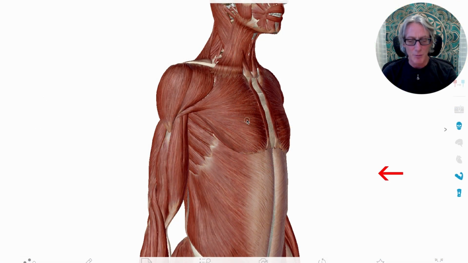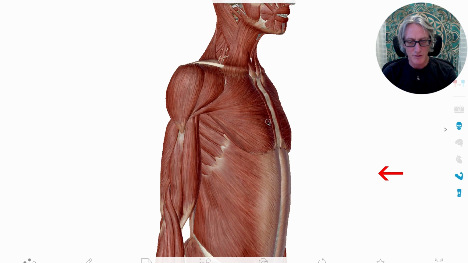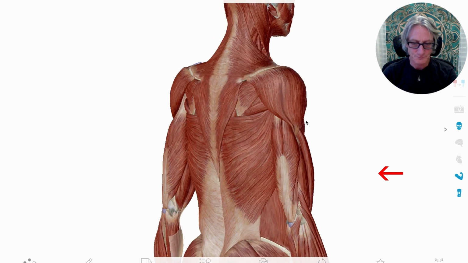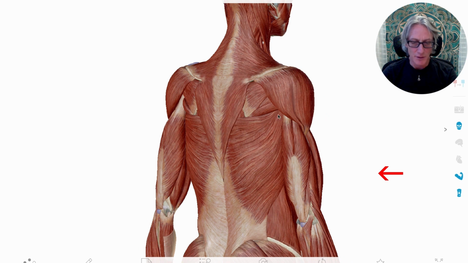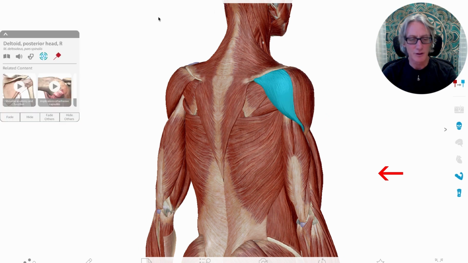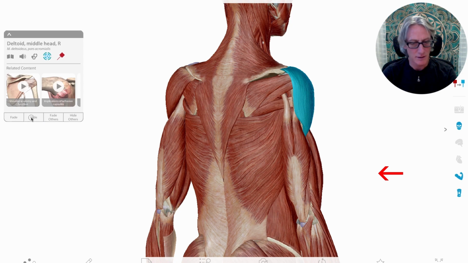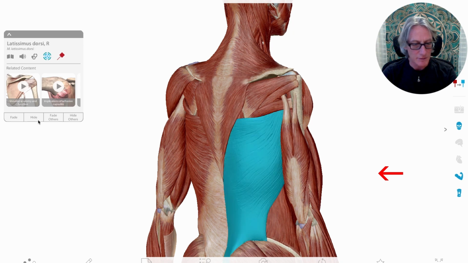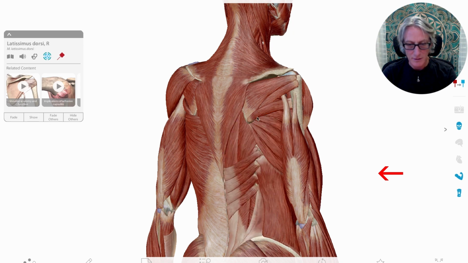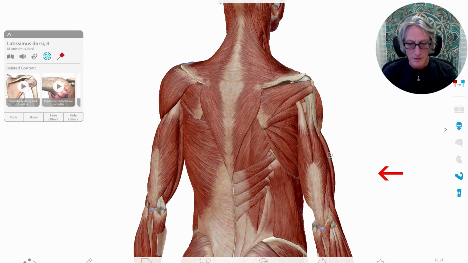Here's another diagram. We couldn't see the serratus anterior very easily from the other view, so I'll briefly show this. So here's some of the superficial muscles. Here's deltoid, hide, deltoid, hide. Then we have lat, hide, and infraspinatus. So here's our scapula.